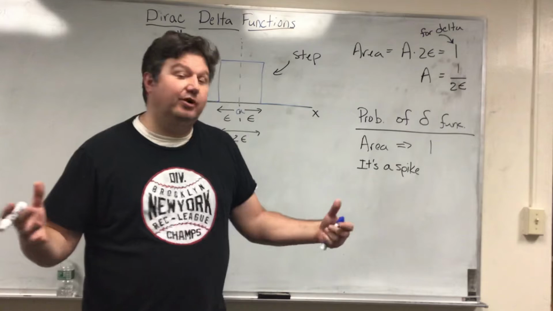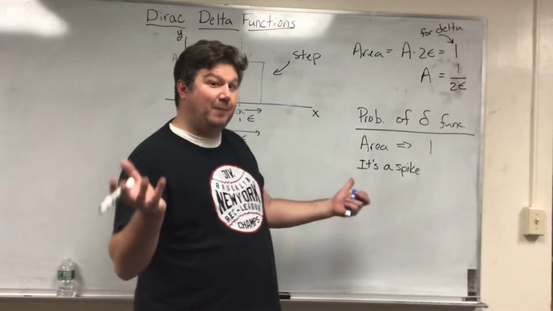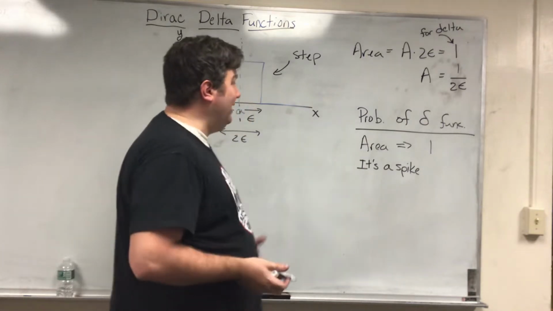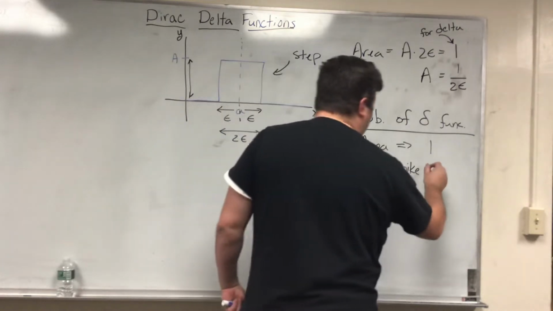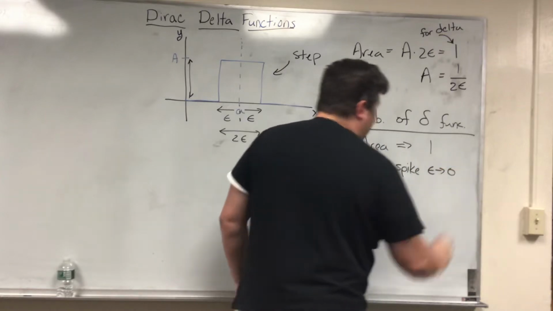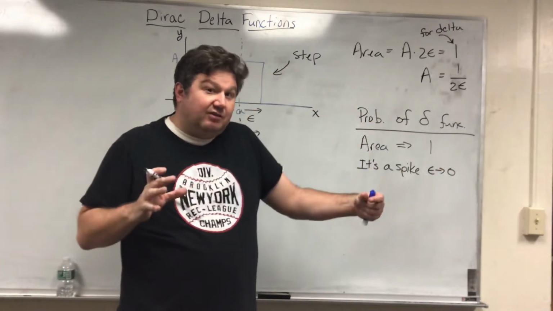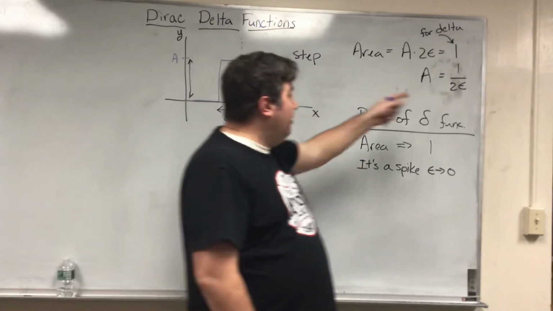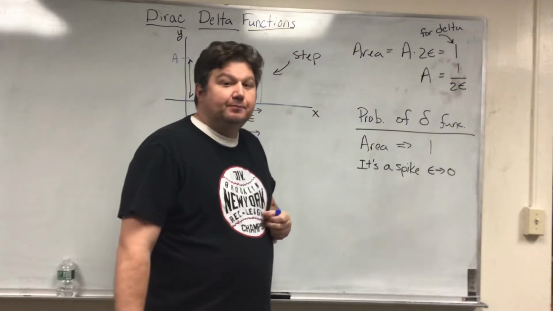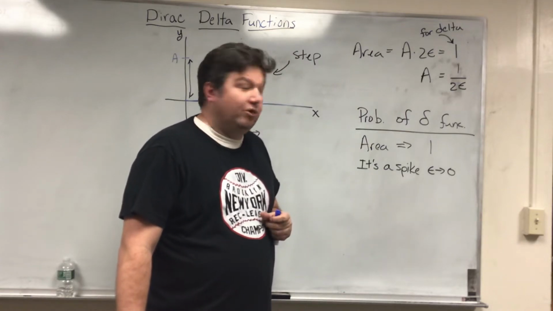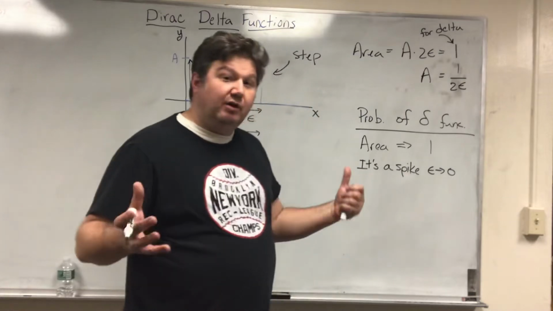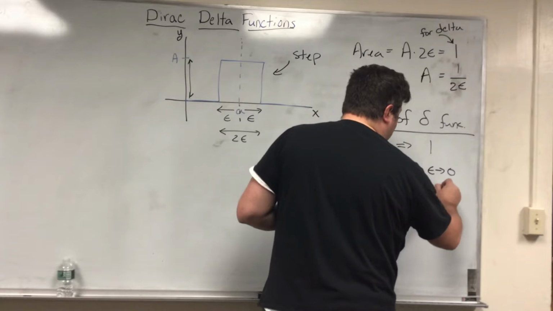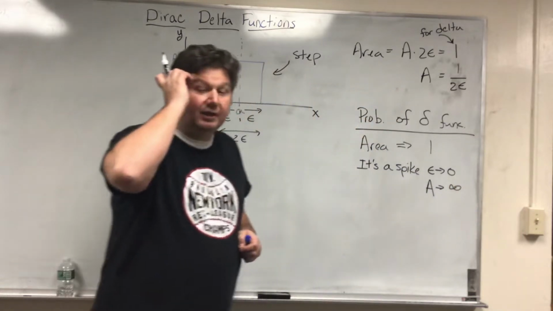In fact, whenever we're in physics and we need to model something with a spike, it's really good to think Dirac delta function. So that means that the width of the delta function is really, really small. But I know the area has to be 1, so the height is 1 over 2 epsilon. If I make epsilon go to 0, what must happen to the height? The height must go to infinity.